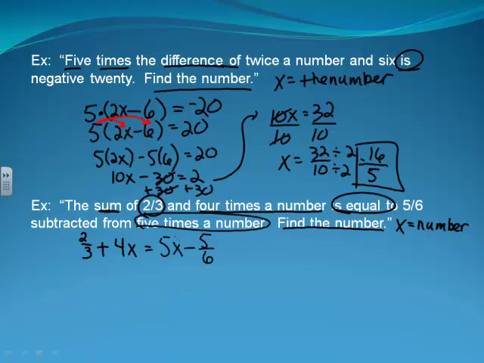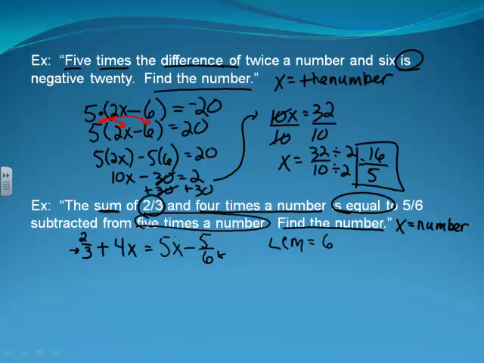Okay, so now we have an equation with fractions in it. So from Module 6, we want to clear those fractions. Remember in Module 6, the technique we used is we looked at the denominators in the problem. In this case, there's a 3 and there's a 6. And we were interested in the least common multiple of 3 and 6, or the least common denominator if you were building those fractions up. Least common denominator of 3 and 6 would be 6.